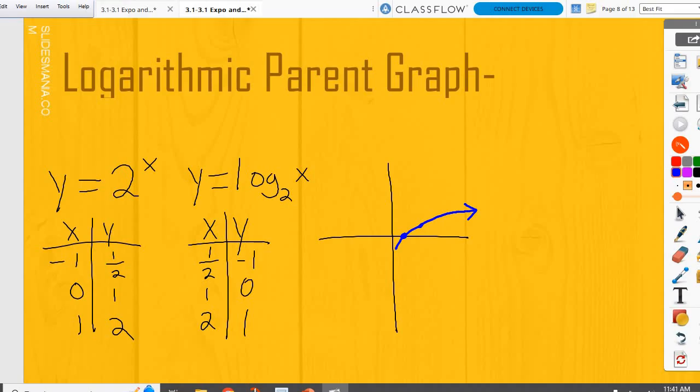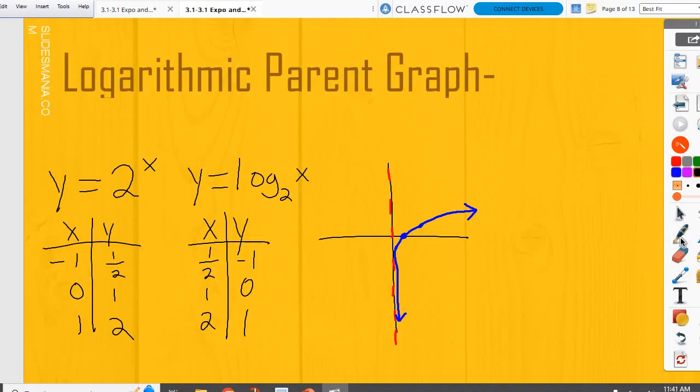So if we switch all of our x's and y's, that means that instead of having a horizontal asymptote at 0, we're now going to have a vertical asymptote at 0. So this time my x values are going to get closer and closer to 0 instead of our y values.